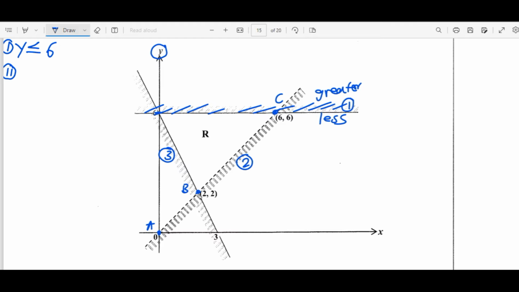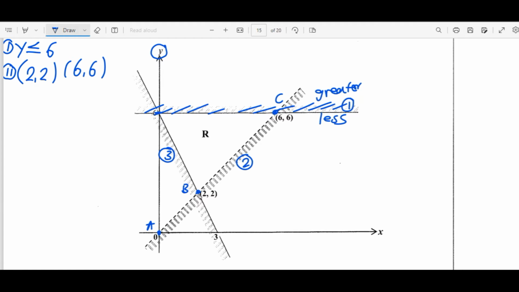I can say 0, 0 and 2, 2, or 0, 0 and 6, 6, or 2, 2 and 6, 6, and I'm going to get the same answer. So I'm going to use 2, 2 and 6, 6.